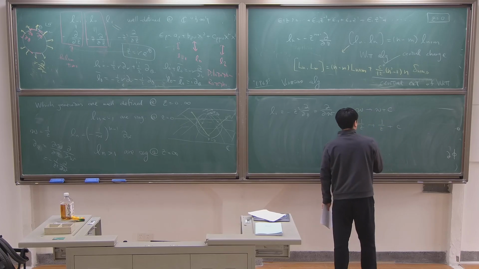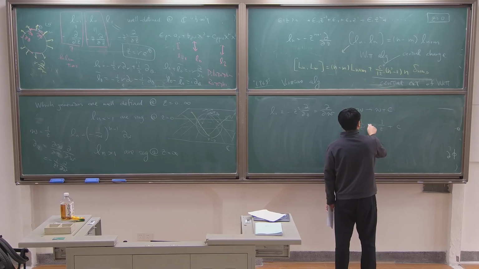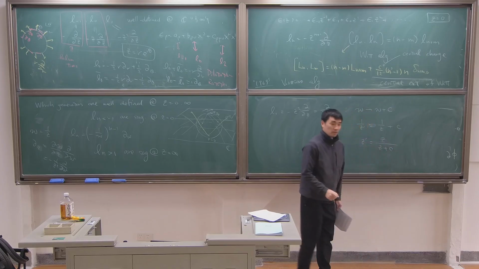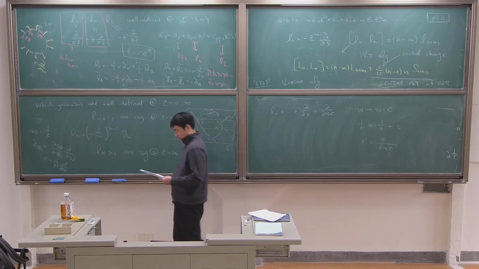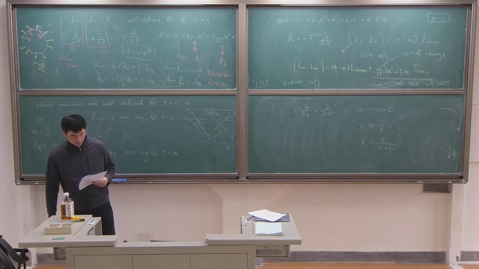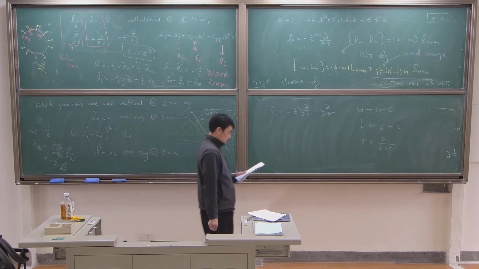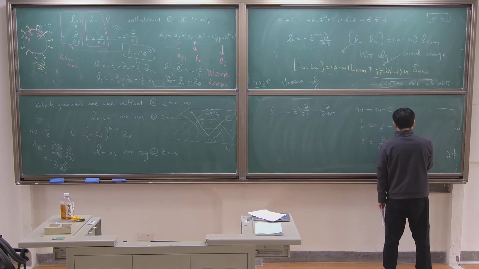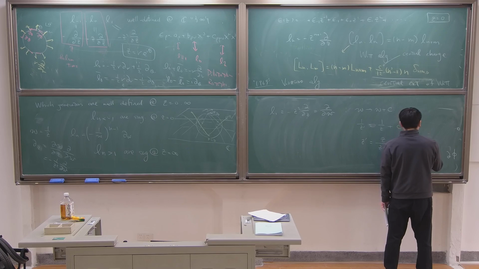Taking the inversion, z prime is equal to z over z plus c. This really corresponds to a special conformal transformation.